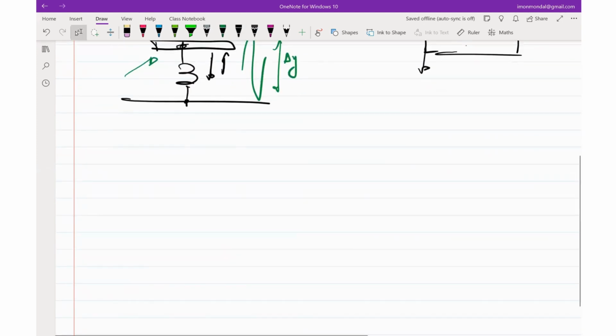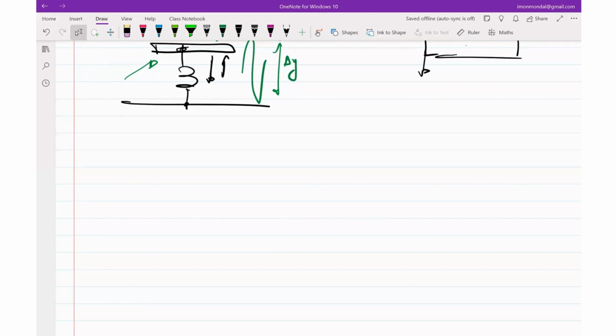Okay. So now let's go back to whatever we know about semiconductors. So here I'll be banking on your existing knowledge on how a hole works, how an electron works in a piece of semiconductor.